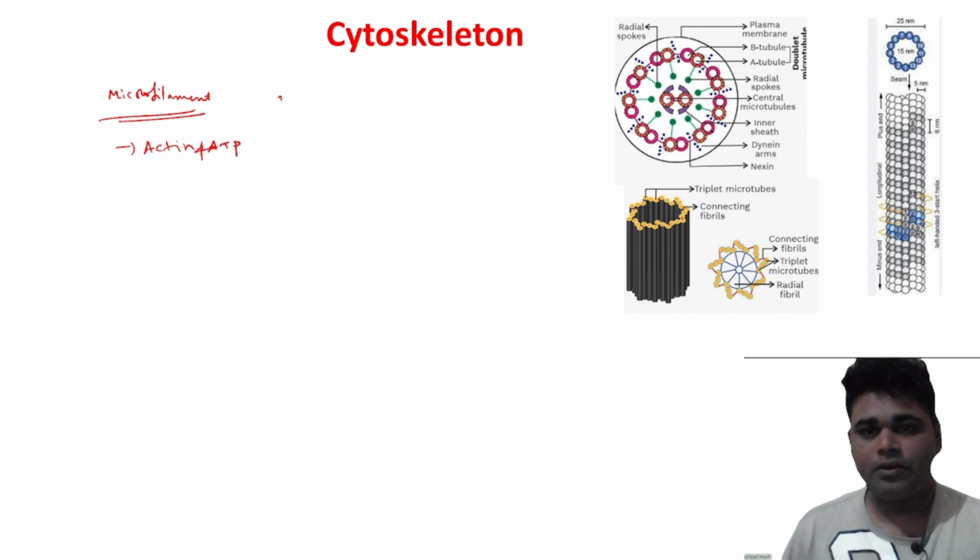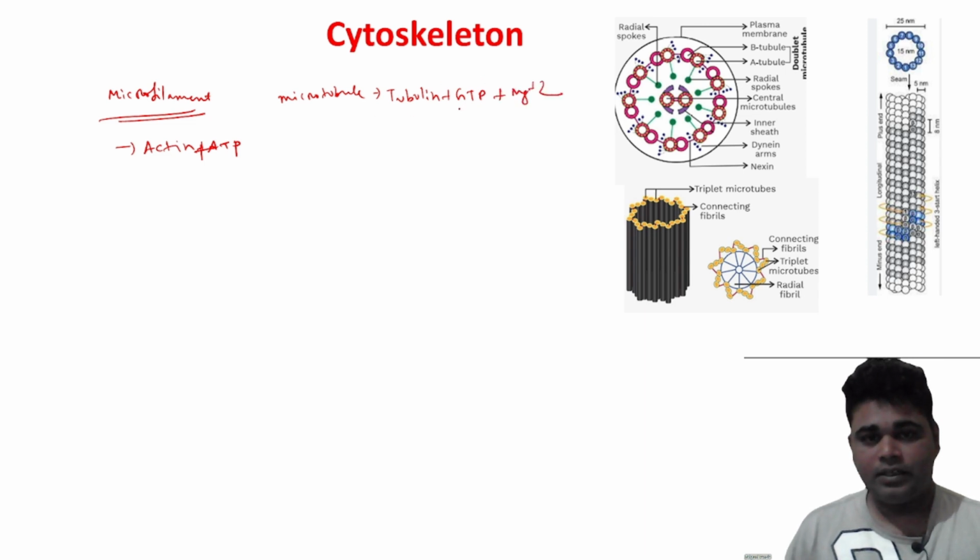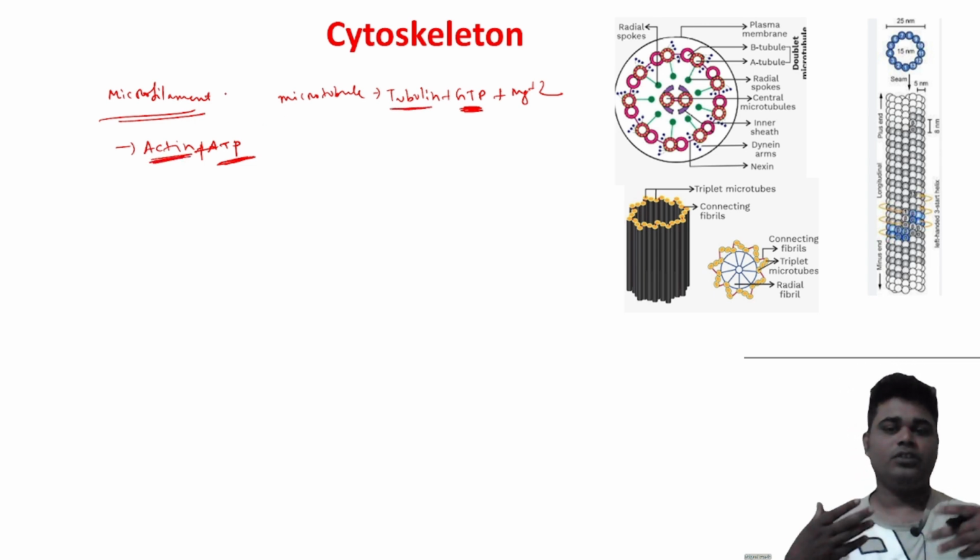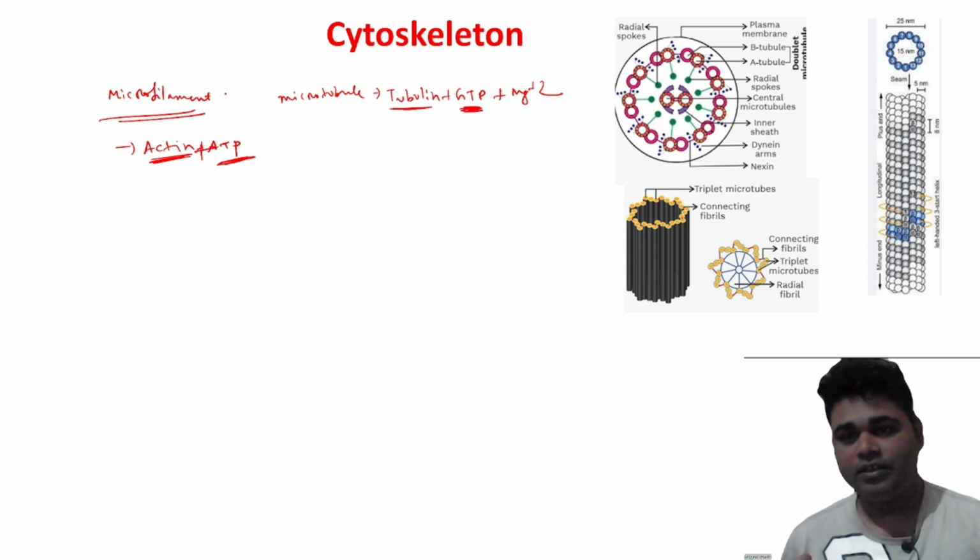But in the microtubule, the main component was tubulin plus GTP plus magnesium. But here importantly GTP is present, and here ATP is present, and here tubulin is present, and here actin is present. So this is the main difference between the structure of the microtubule and the microfilament.